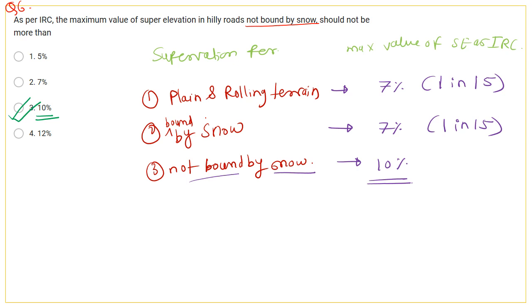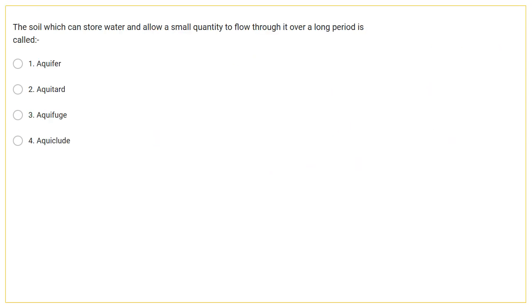The next question, question number 7: the soil which can store water and allow a small quantity to flow over it over a long period is called as. Okay, here there are four terms. We'll discuss the four terms one by one.